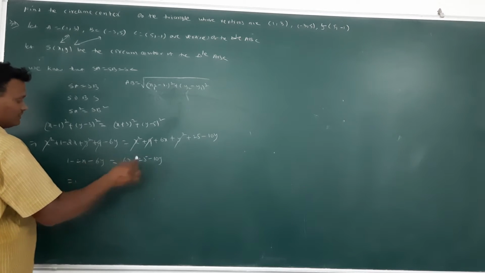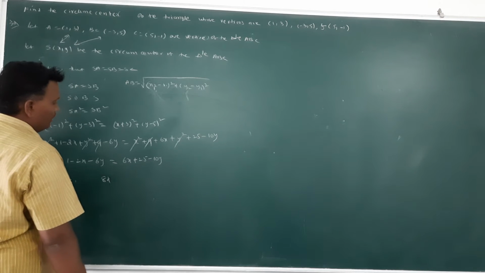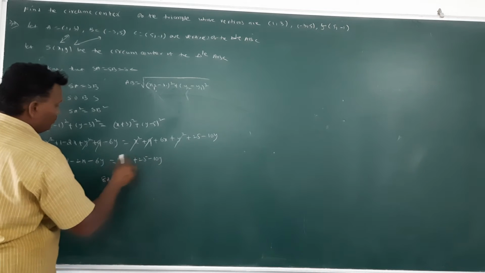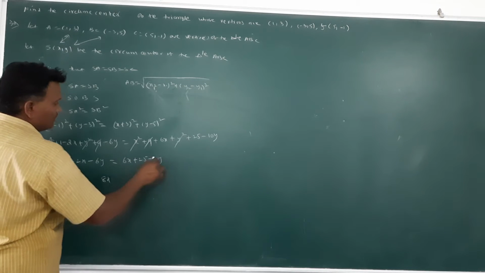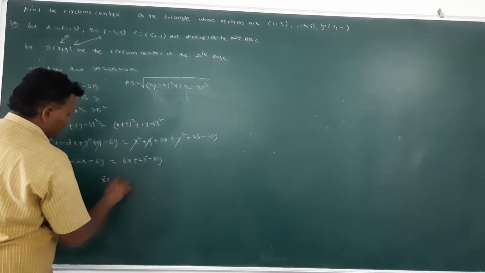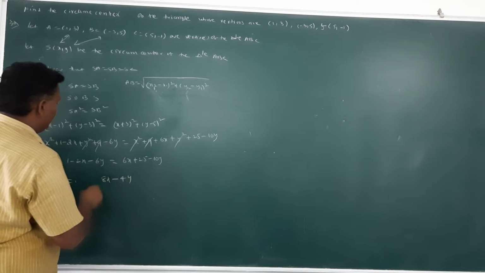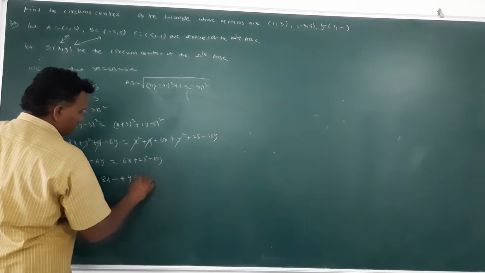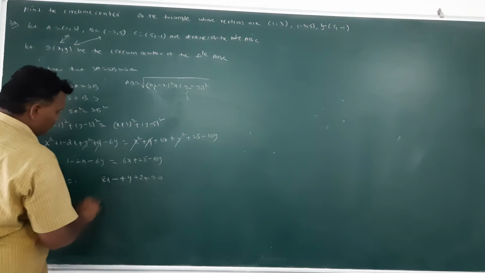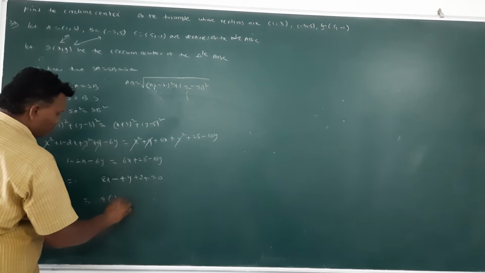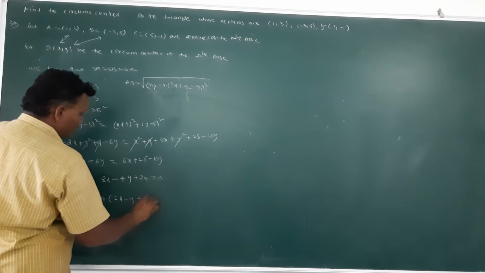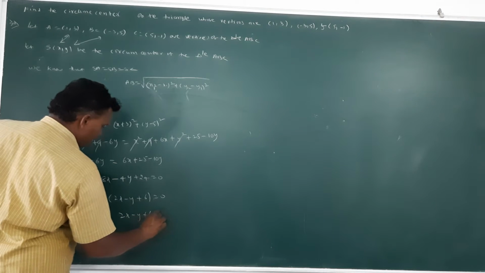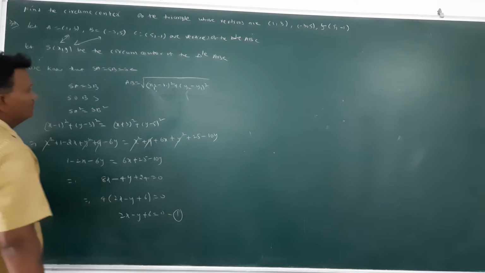Next, minus 6y goes to the right side, plus 6y. Plus 6y minus 10y is minus 4y. Plus 1 goes to the right side, 25 minus 1, 24 is equal to 0. Common factor is 4: 2x minus y plus 6 is equal to 0. Equation number 1.